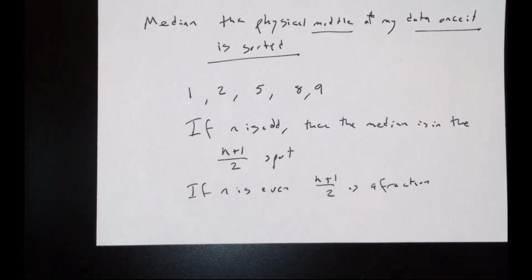So whatever we get is going to end in 0.5. We'll take the one below and the one above and average those.